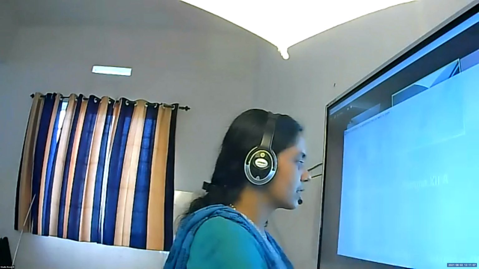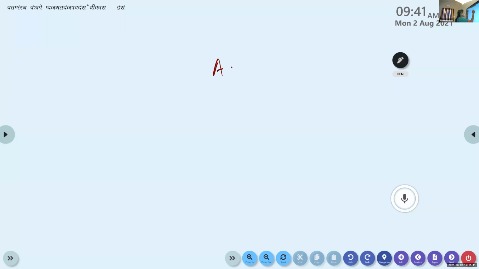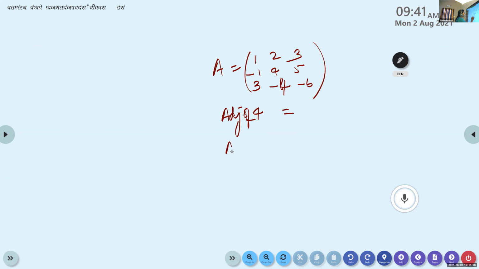Write this question. Try this question. Suppose A is equal to the matrix 1, 2, 3; minus 1, 4, 5; 3, minus 4, minus 6.